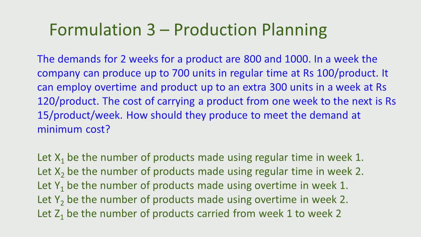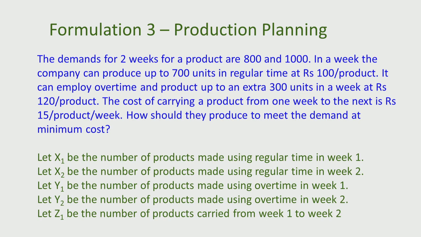The company can also employ overtime and produce up to an extra 300 units in a week. Now, the cost of making that unit through overtime is 120 per product.